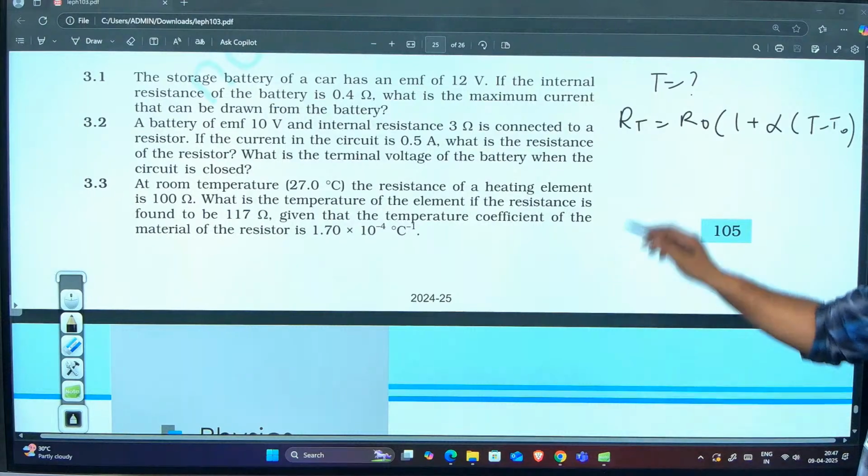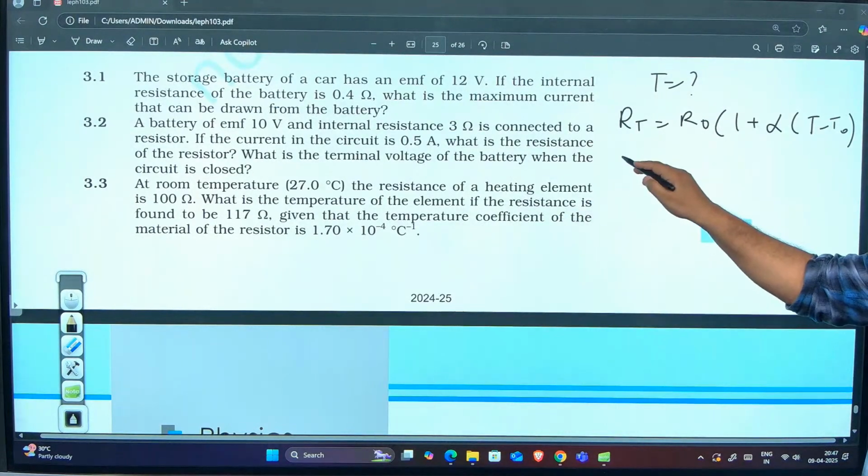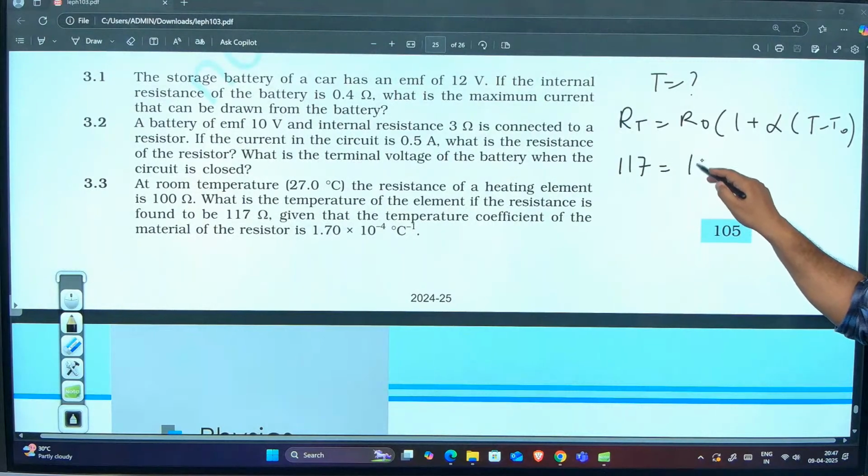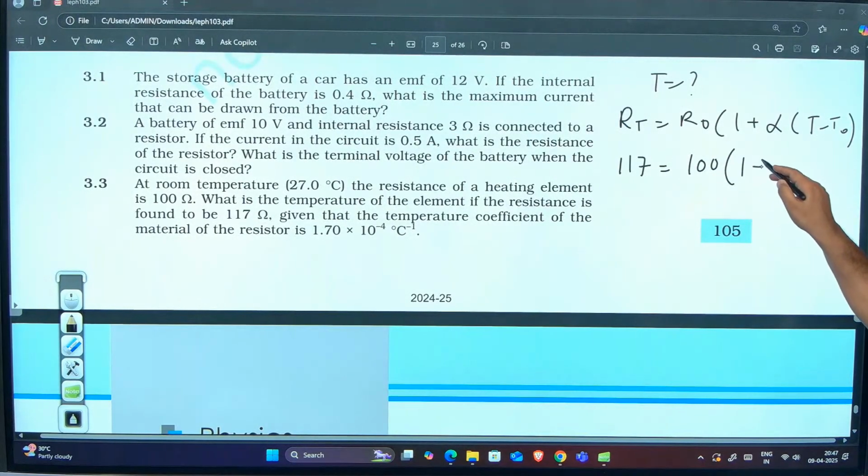RT is how much? 117. Am I right? What is R naught? 100. What is alpha? 1.7 into 10 to the power minus 4. T naught is how much? 27, you take, or Kelvin, whatever you're comfortable with. If you want to solve in terms of Kelvin, take 300.